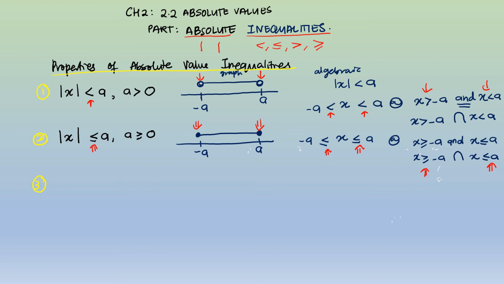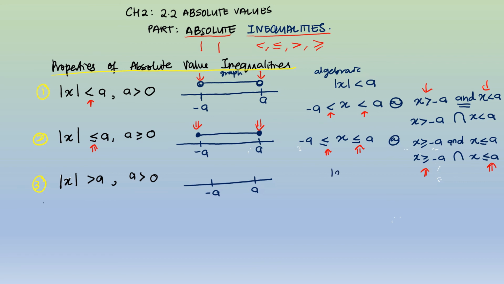What do we have? We have modulus x greater than a, for a greater than 0. Let's draw. Because we are involving a, so we still have modulus x and a, so means we have a and negative a. Okay, for this one, maybe you can't see straight away, so let's do the algebra method first.